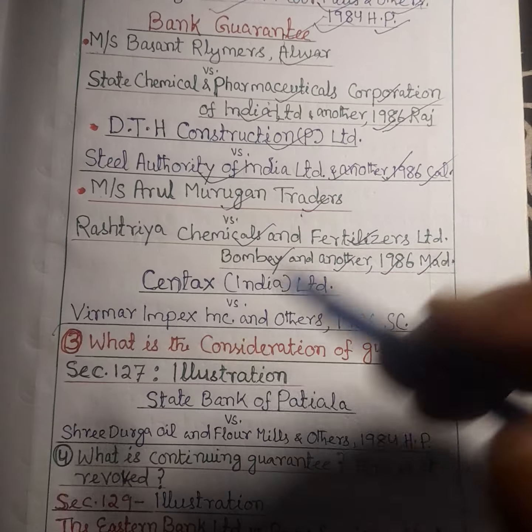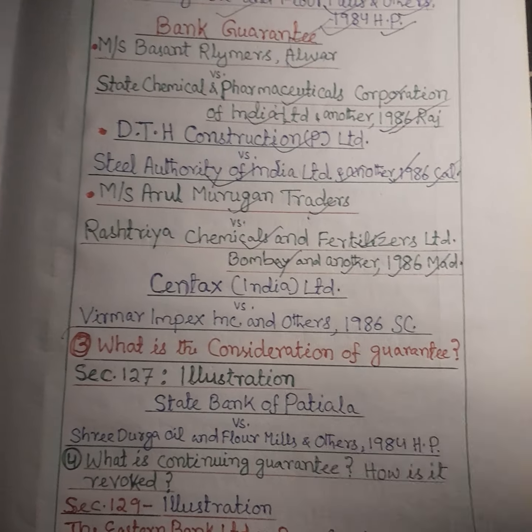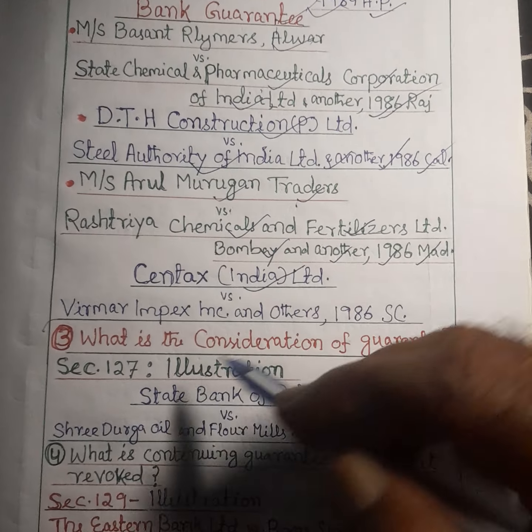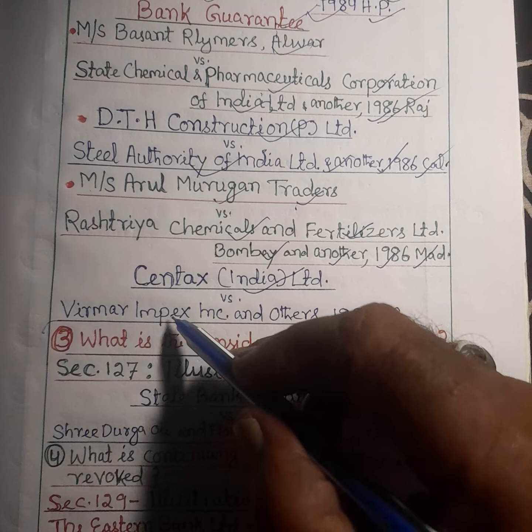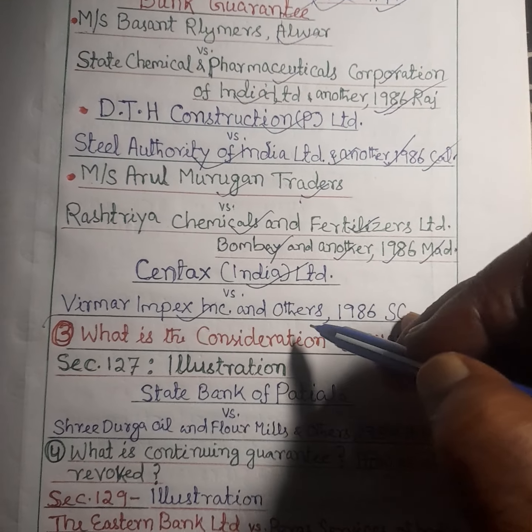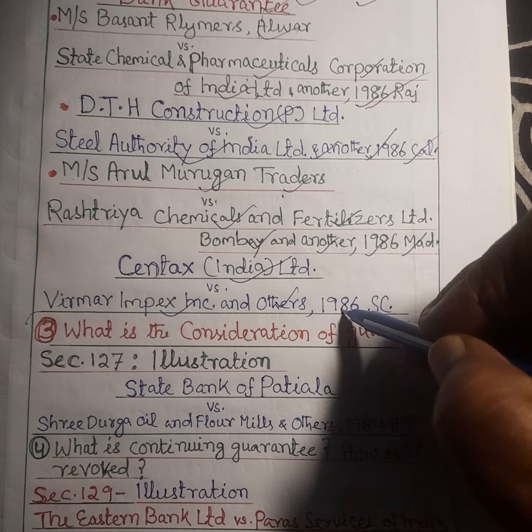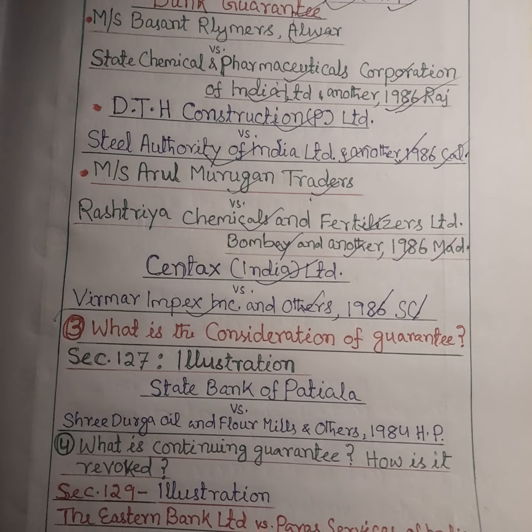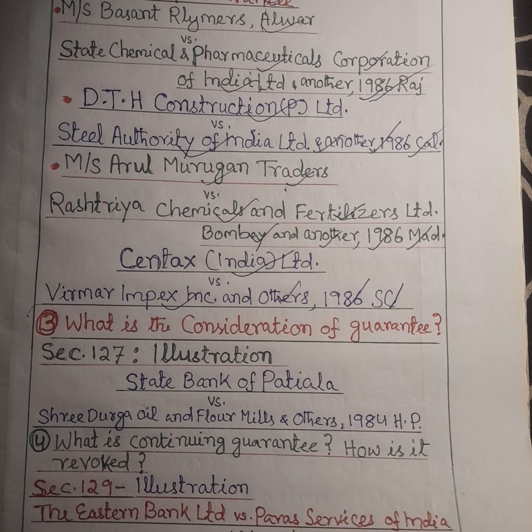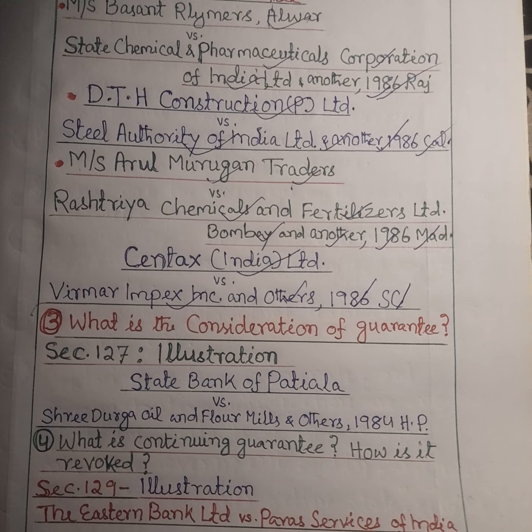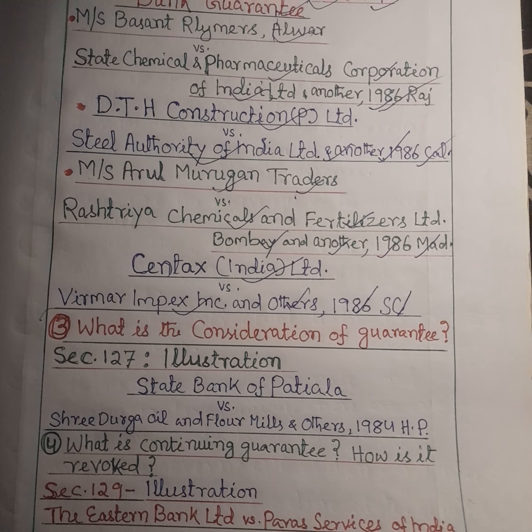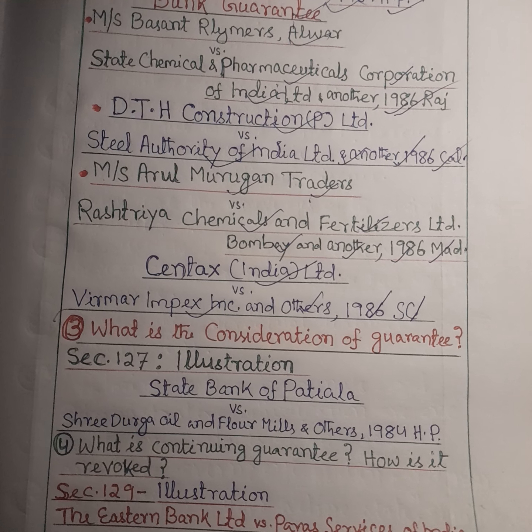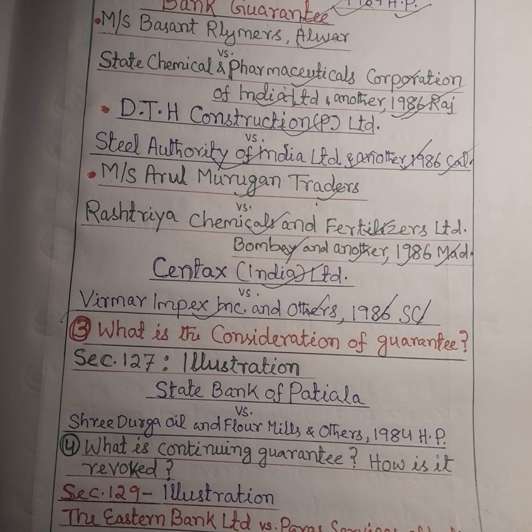Also, in another important leading case, that is Syntax India Limited versus Birmer Impex Inc. and others in 1986, the Supreme Court held that commitments of banks must be allowed to be honored free from interference by the courts.